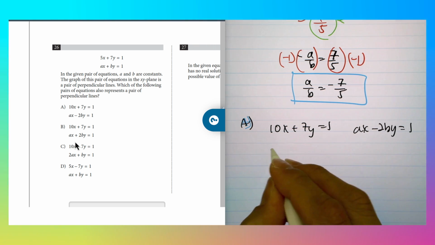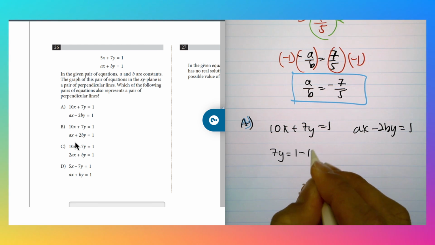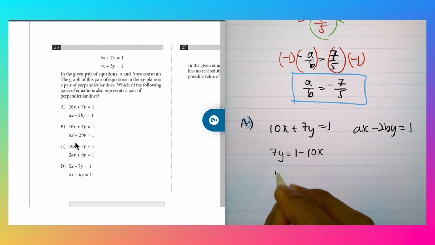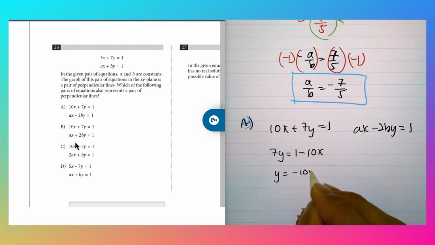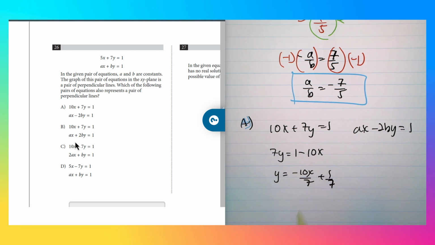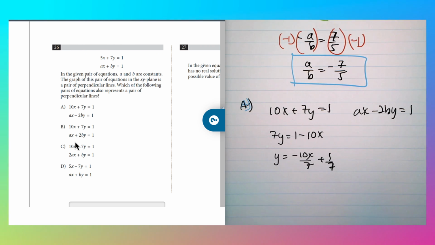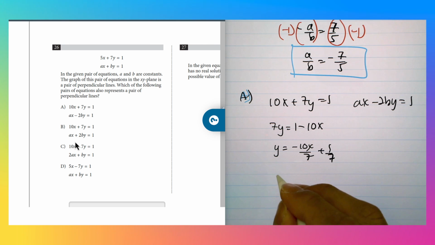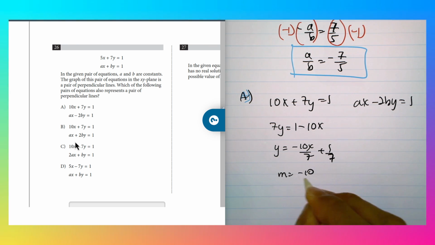Let's just rearrange it. 7y equals 1 minus 10x, and y is equal to negative 10x over 7 plus 1 over 7. I skip a step here, guys, but you should know how to do this by now. The slope equals negative 10 over 7.